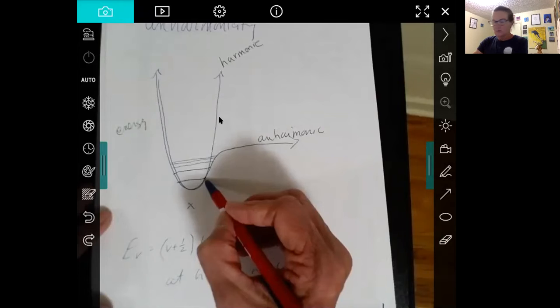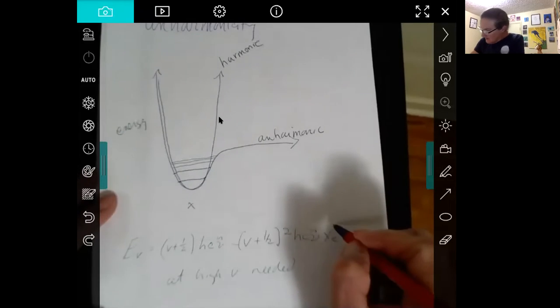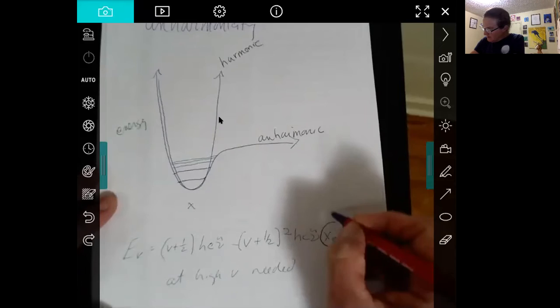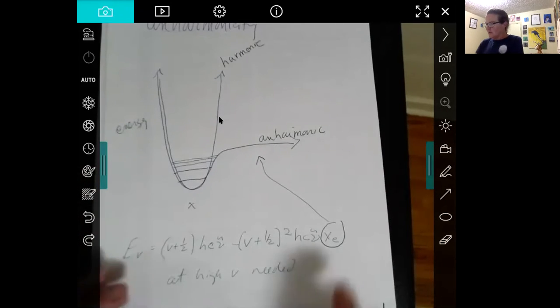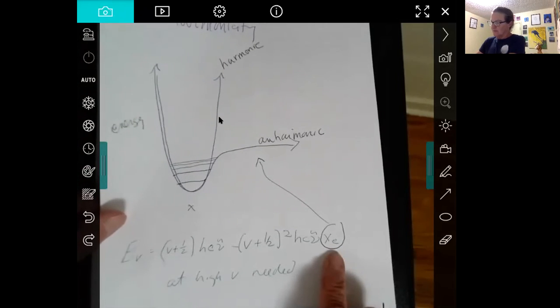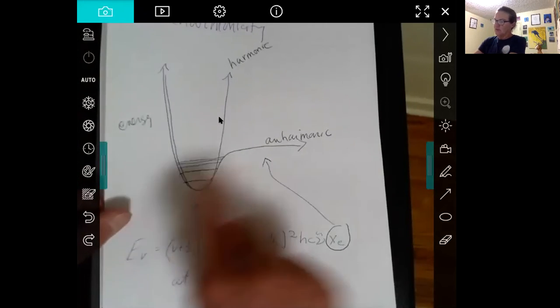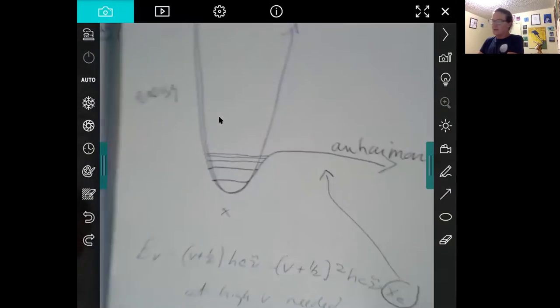We tend to use the harmonic oscillator approximation because at low V's or low energy states, they match pretty well. As you go up, this term right here, the anharmonicity, is essentially a measure of the shape of that. There are ways to measure that with spectroscopy. If you have that, you'd be able to look at the shape and think about when the molecule will break, and do things like calculate the dissociation energy.